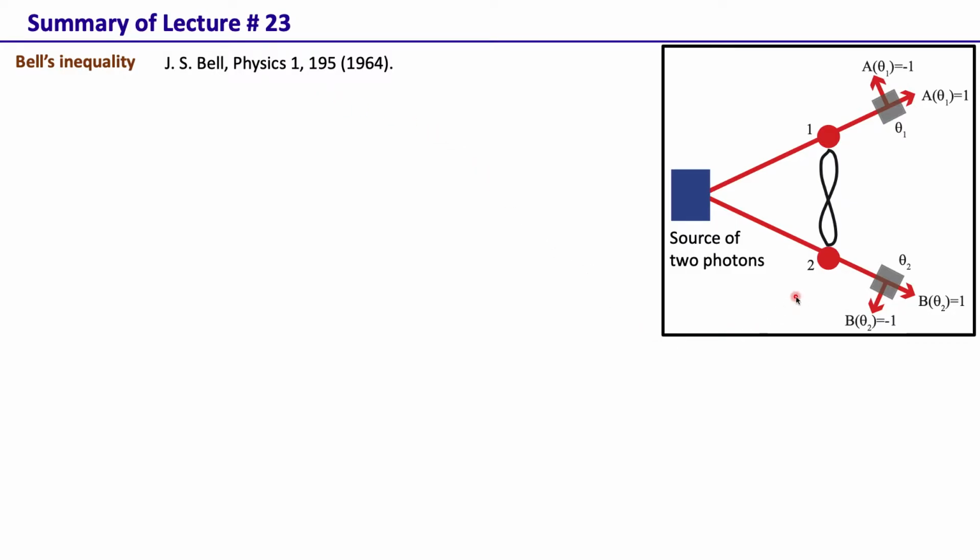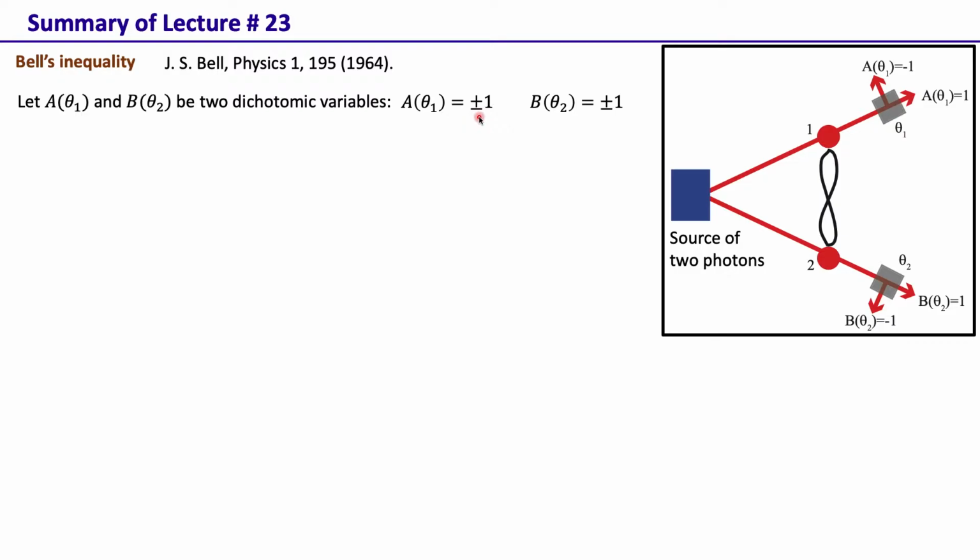And that's how the proof goes: Bell constructs a situation where we have a source of two photons. It could be a quantum mechanical source, or it could be a hidden variable source, in which the two photons are from two independent sources. These photons are then detected, and one detects A and B, these two variables for those photons, which are the two dichotomic variables.